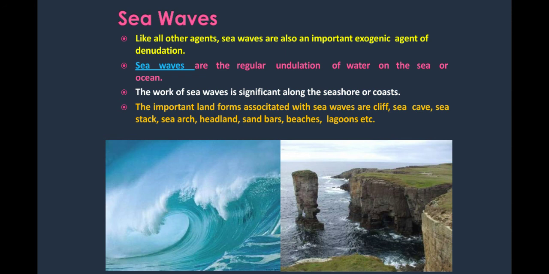The work of sea waves is significant along the seashore or coast. The important landforms associated with sea waves are cliffs, sea caves, sea stacks, sea arches, headlands, sandbars, beaches, lagoons, etc. So you can see the pictures there and what they do.